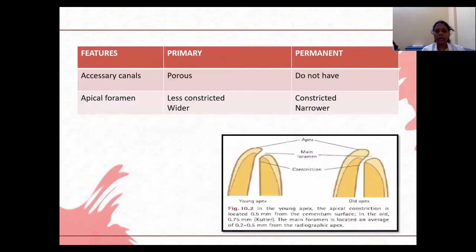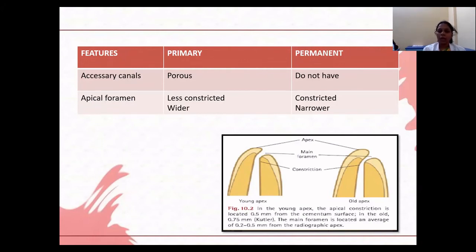Next, usually in primary teeth there will be no accessory canals present. The pulpal chamber floor will be more porous when compared to that of the permanent teeth. But for permanent teeth, in the apical region there will be numerous accessory canals. So the infection of the primary teeth will spread from the pulpal floor towards the furcation area, but for permanent teeth the infection directly enters the apical region.